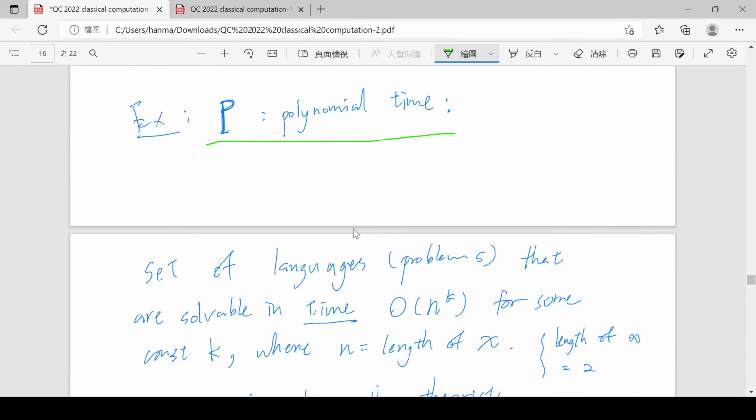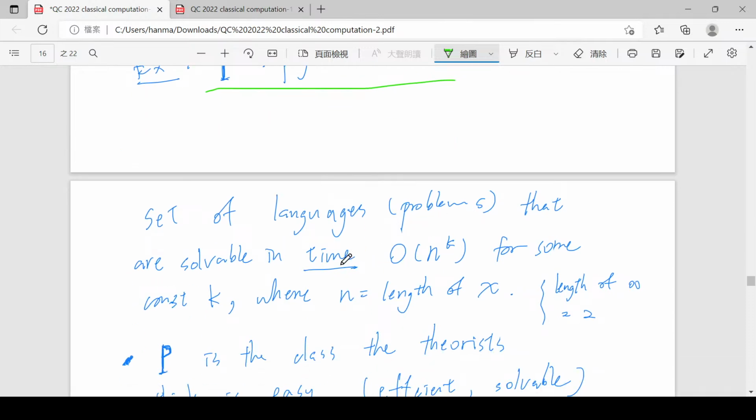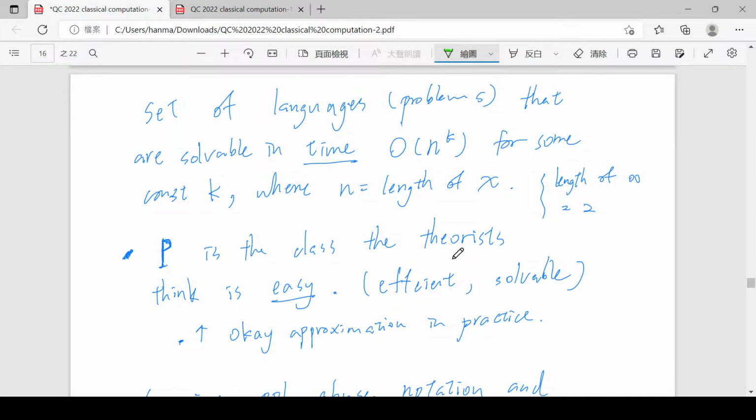This big P is the set of languages solvable in time order n to the k, so this is a polynomial with some constant k, and here n is the size of the input. In practice, these P class problems are usually pretty solvable on our computers.